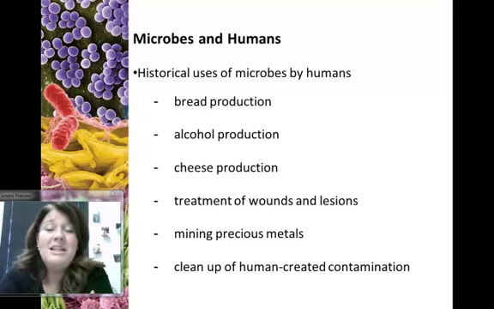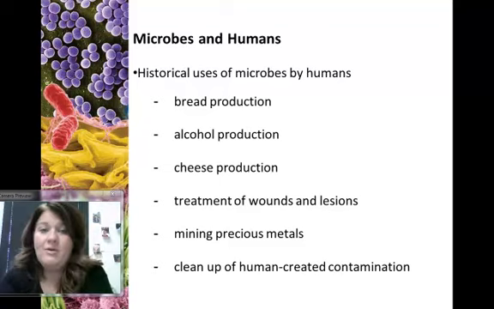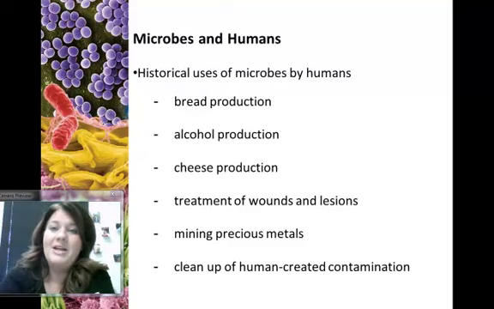Treatment of wounds and lesions: antibiotics are actually products of other types of microorganisms that are used to ward off one type of microorganism. So we get it from one organism and it's used to ward off a different type.